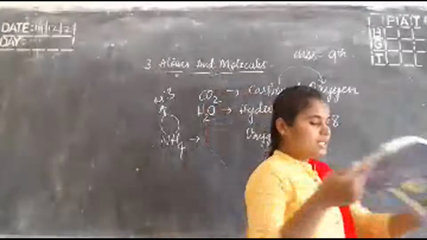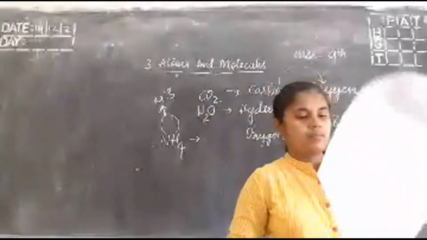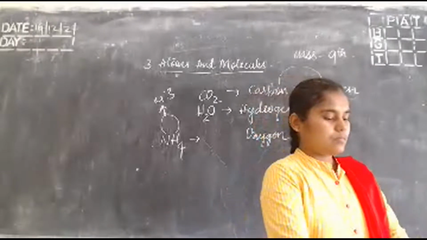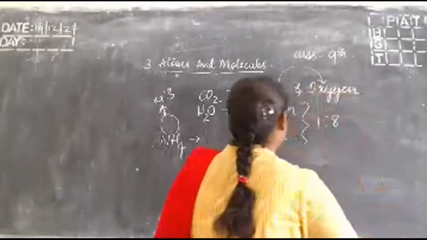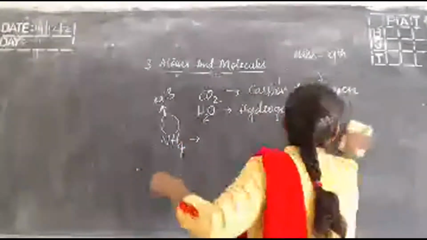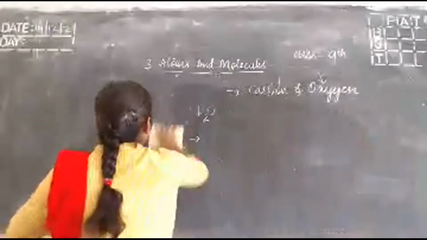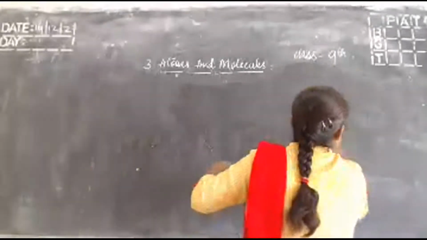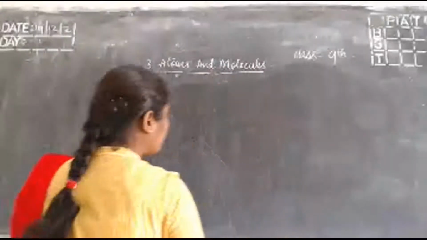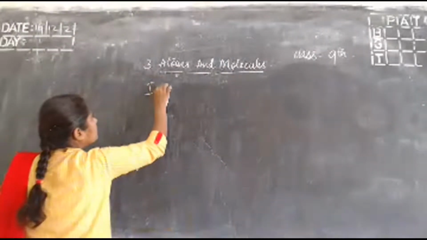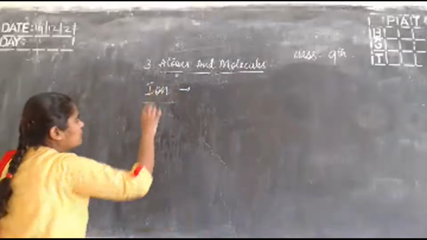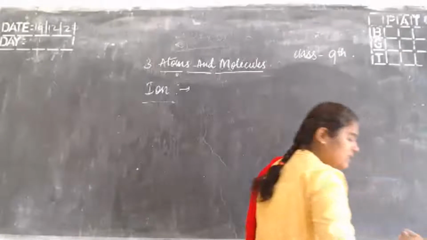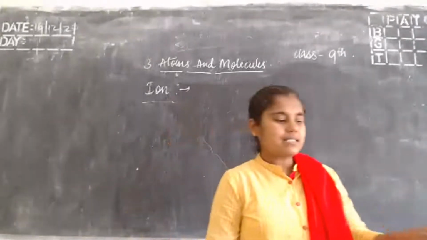Now we'll see what ions are. An ion is something like a charged particle.